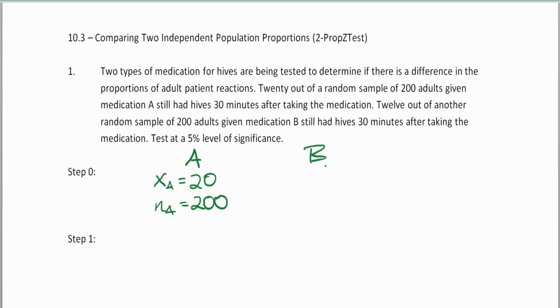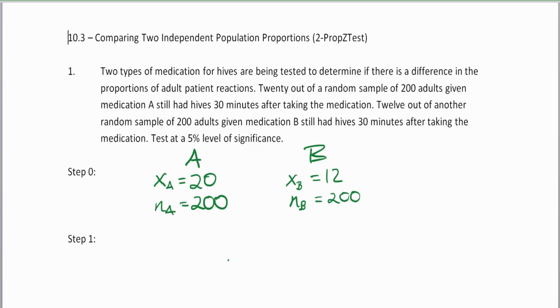Now we're going to look at B here, because it says 12 out of another random sample of 200 adults given medication B still had hives after taking the medication. So this is X of B, which is 12. Okay, so that's a lot lower, but is that significantly different? So this is our N of B, which is 200.